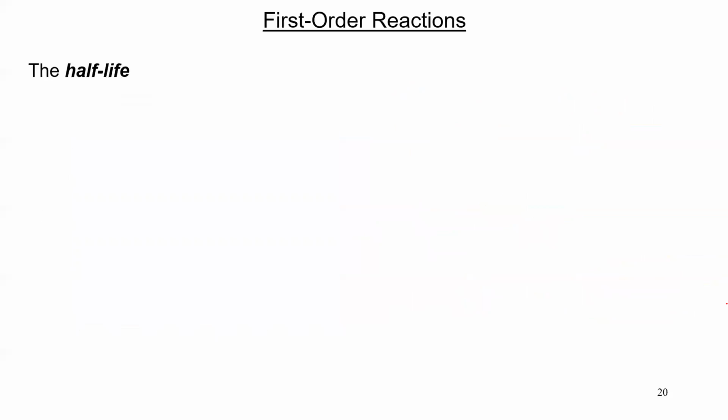So let's see. One of the things that we use chemical kinetics for is half-life. Maybe the most famous half-life example is carbon-14 dating, you know, how old is this fossil, that kind of thing.